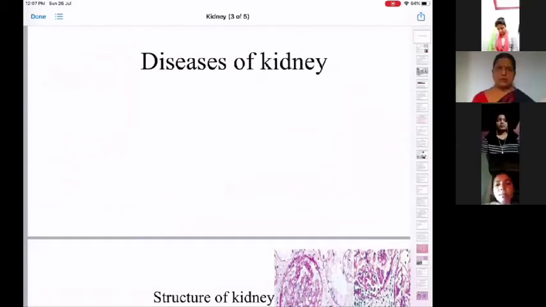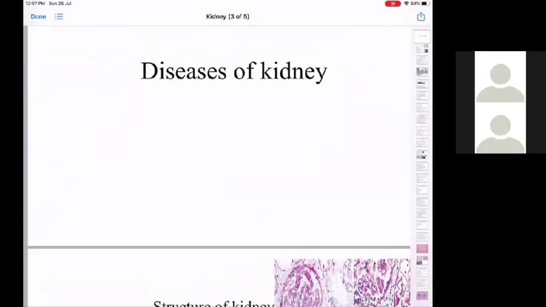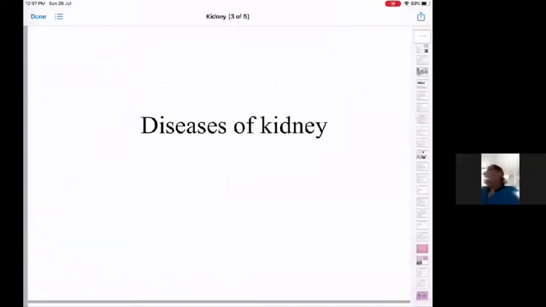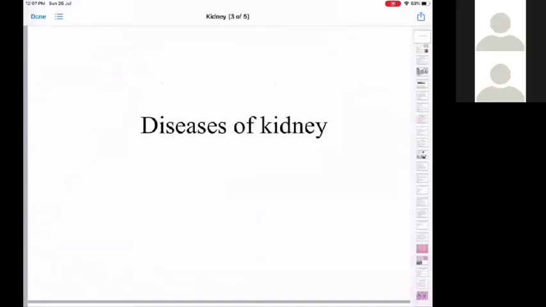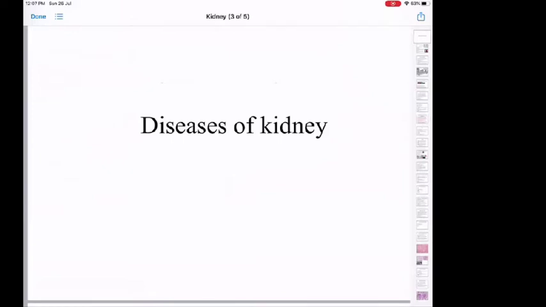Okay. Hello, students. Myself, Dr. Santosh. I am MD Pathology from RIMS, and I am pursuing senior residency or tutorship in Hazaribagh Medical College Hospital. Today's topic is kidney diseases and kidney function test.